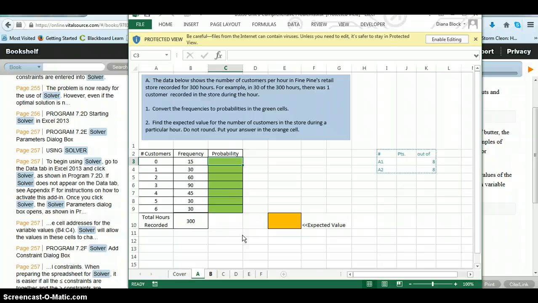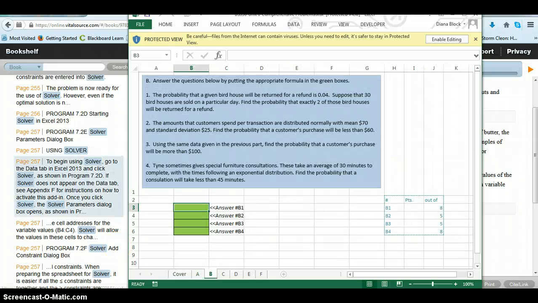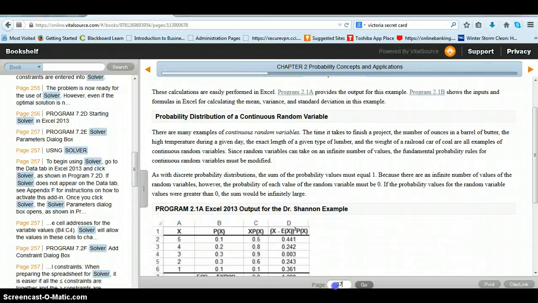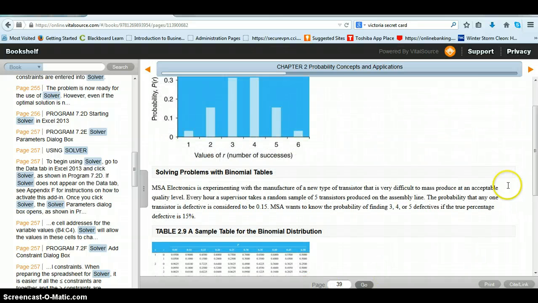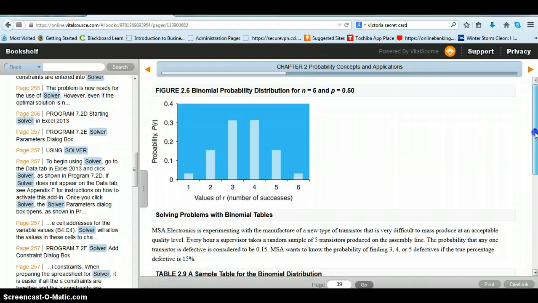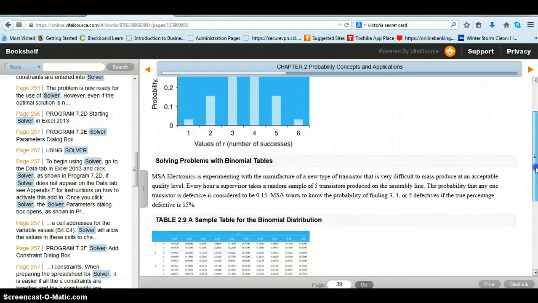So then when we move on to problem B, we're going to use some Excel functions. We're going to use binomial distribution, normal distribution, and exponential distribution. So you'll recall that we did study these in chapter 2 also. If you continue to about page 40, you'll see the information where we discuss binomial distribution.